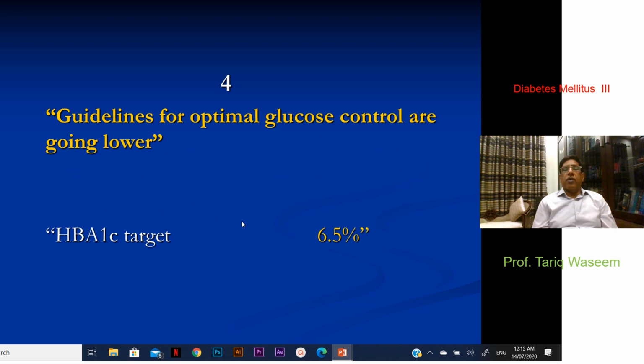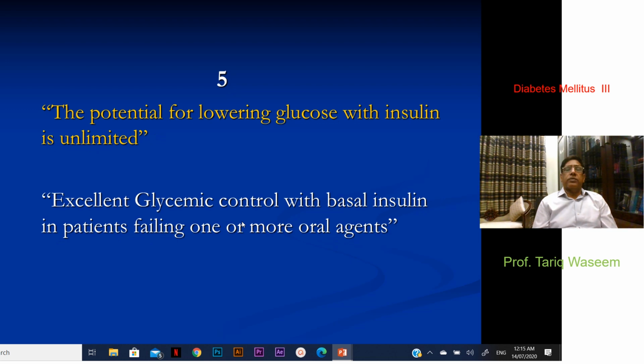The guidelines for optimal glucose control are getting lower day by day. Initially, we thought that an A1C of 7.5 was good enough. Then we lowered it to around 7. But nowadays, we target an A1C level of 6.5% or less for optimal control.